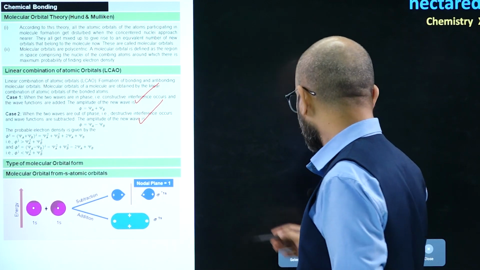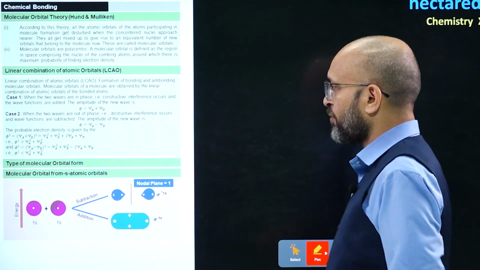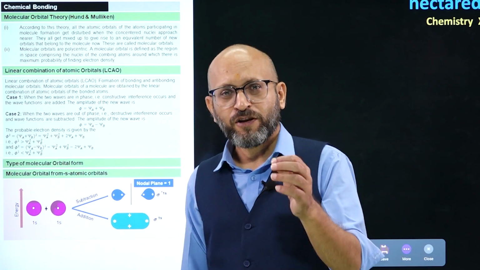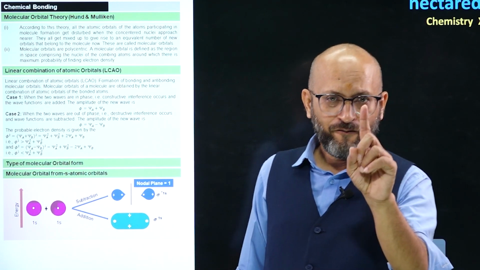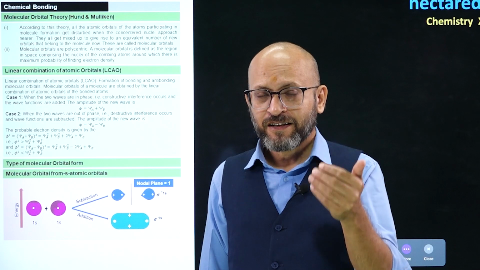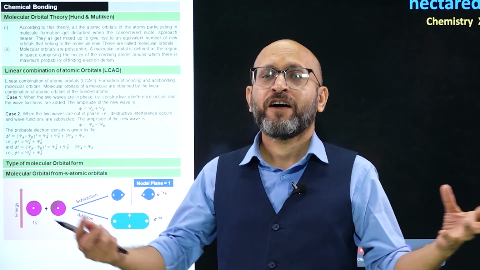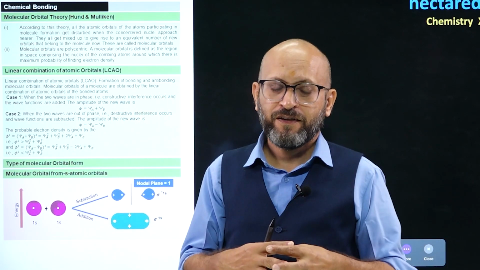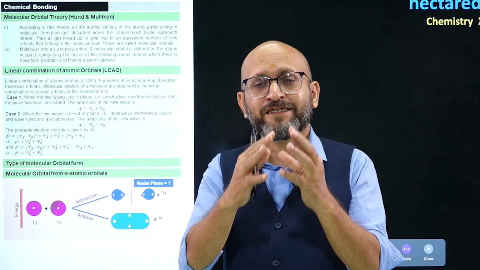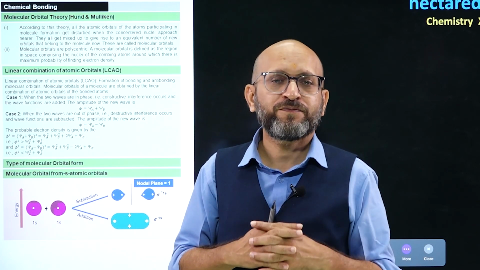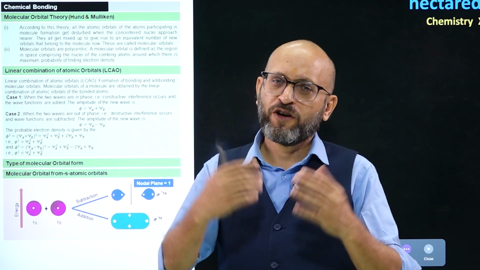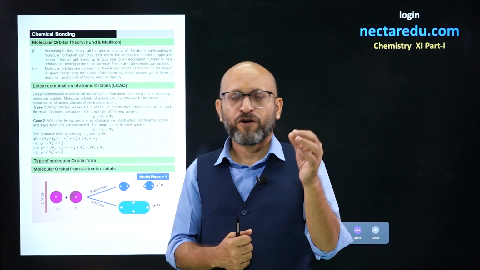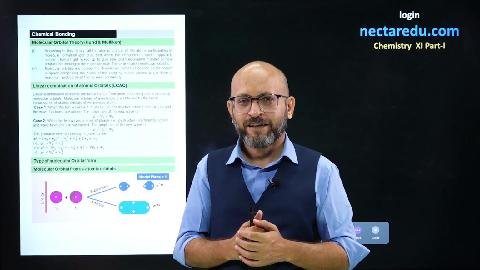Now what is the difference between molecular orbitals and atomic orbitals? Atomic orbitals have one nucleus, but molecular orbitals have multiple nuclei of all atoms participating in molecule formation. So atomic orbital is monocentric and molecular orbital is polycentric.